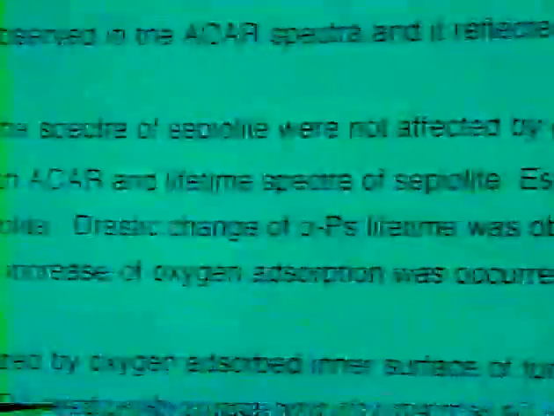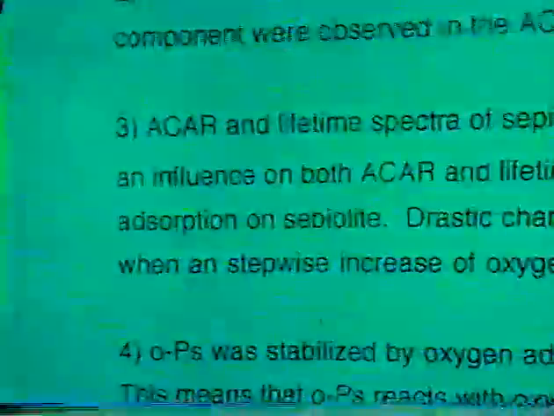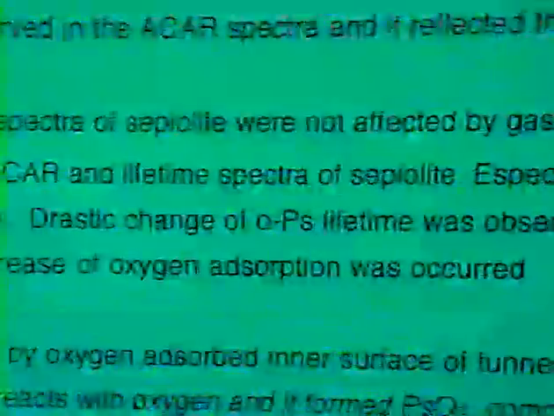ACAR and positron lifetime measurements were applied to characterize micropore materials having a diameter of 0.1 to 1 nanometer. ACAR spectra of sepiolite were measured parallel and perpendicular to the C-axis. The anisotropic narrow component was observed in the ACAR spectra, and it reflected the shape of the tunnel in sepiolite.